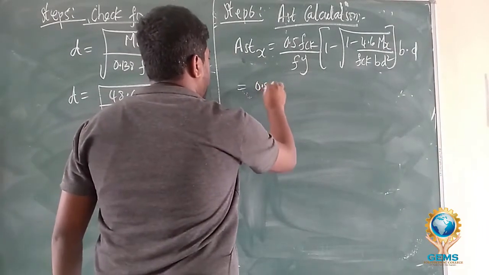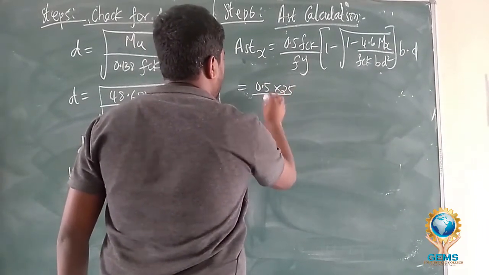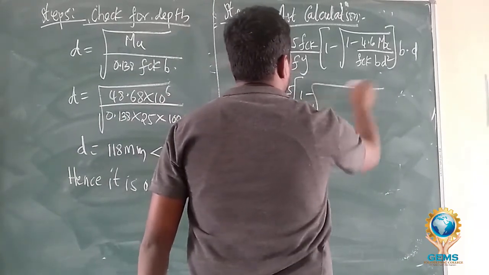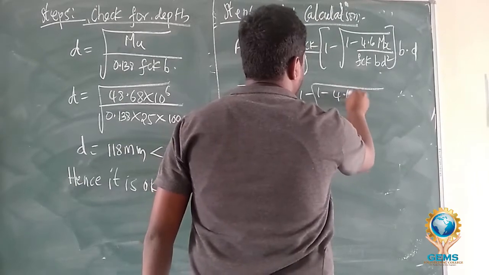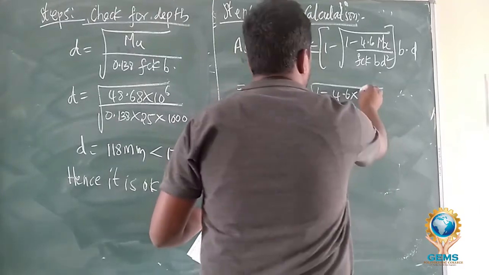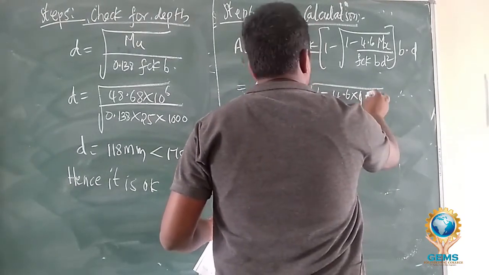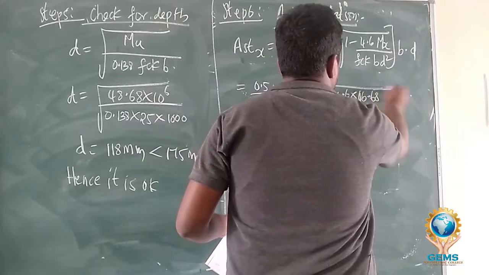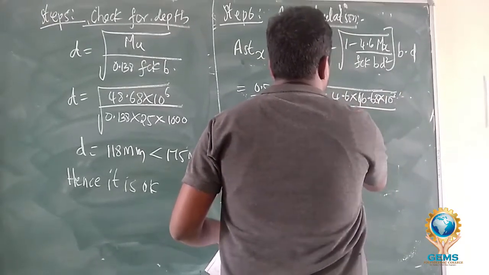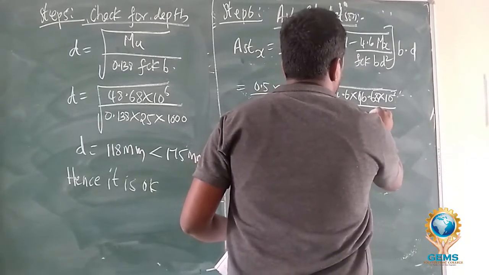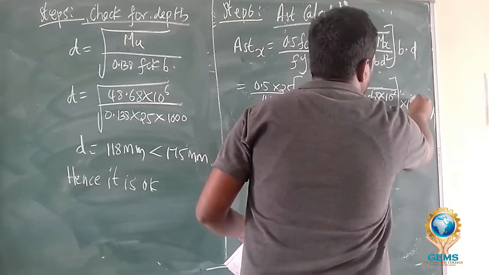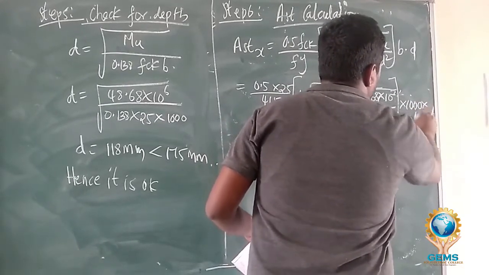So 0.5 into 25 divided by 415 into 1 minus root of 1 minus 4.6 into Mx, which is nothing but 6.68 into 10 to the power of 3 divided by 25 into 1000 into 175 square into 1000 into 170.